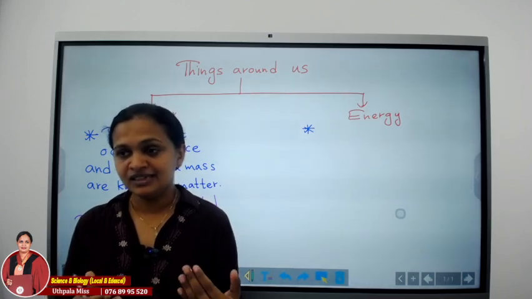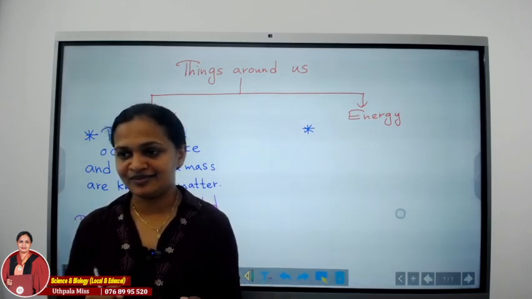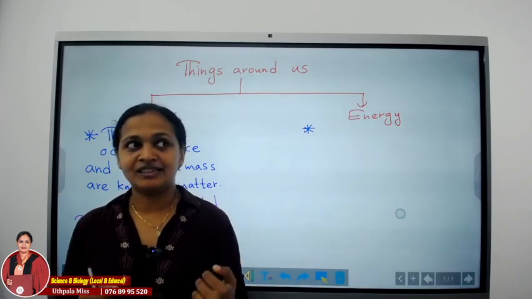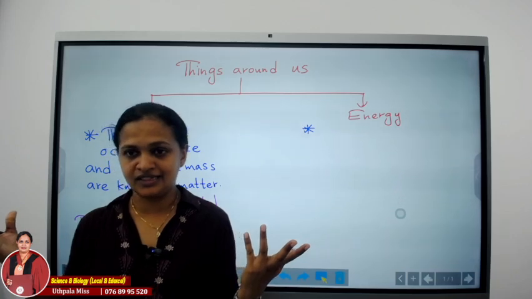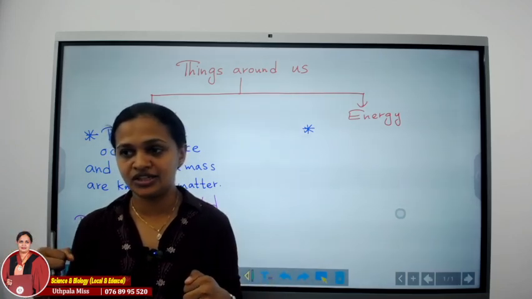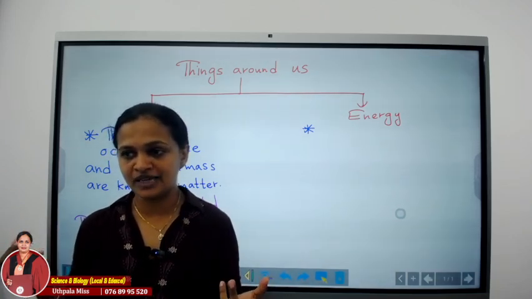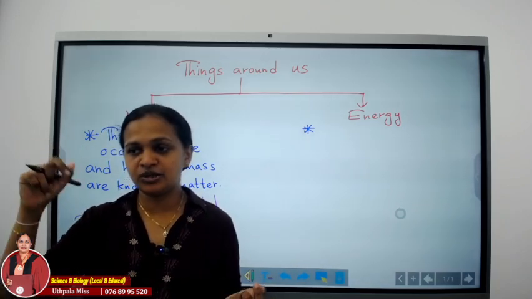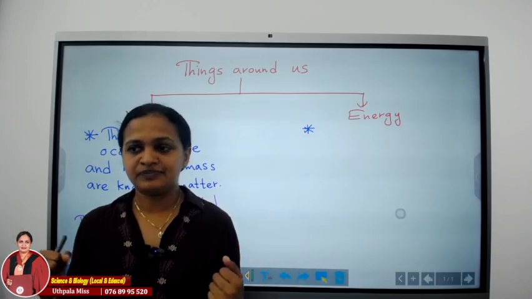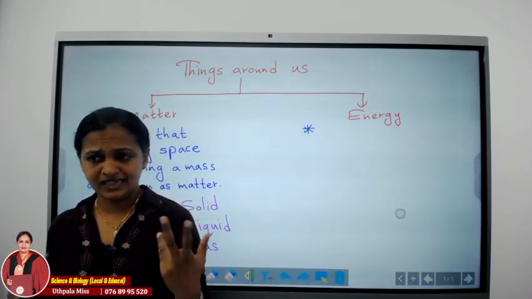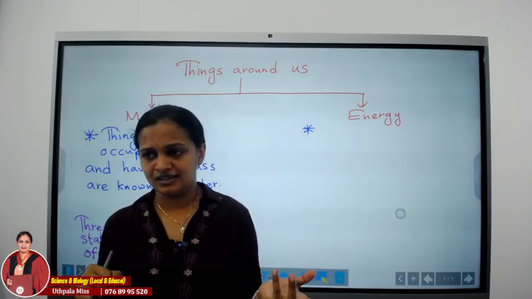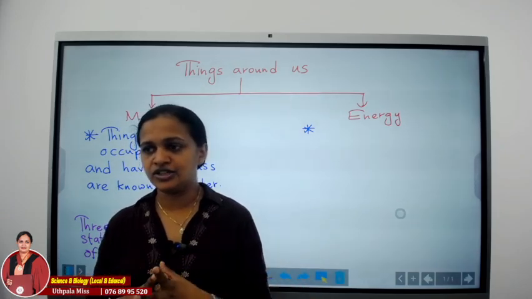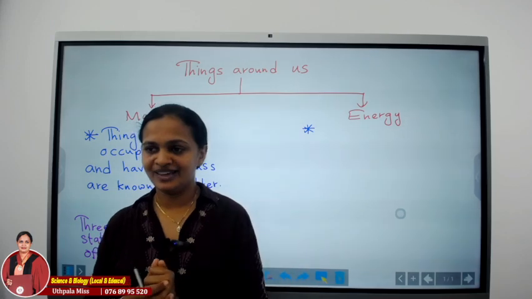It is a type of energy, right? Then we make use of electricity. So electrical energy does not occupy space. When electrical energy passes through these wires, it does not have a mass, right? Therefore, electrical energy is a form of energy.